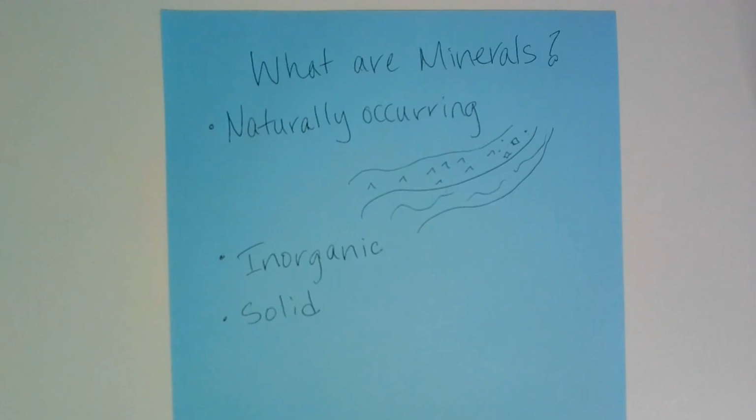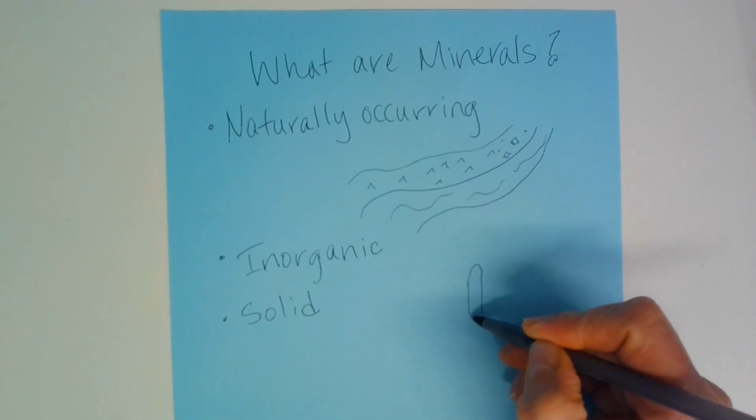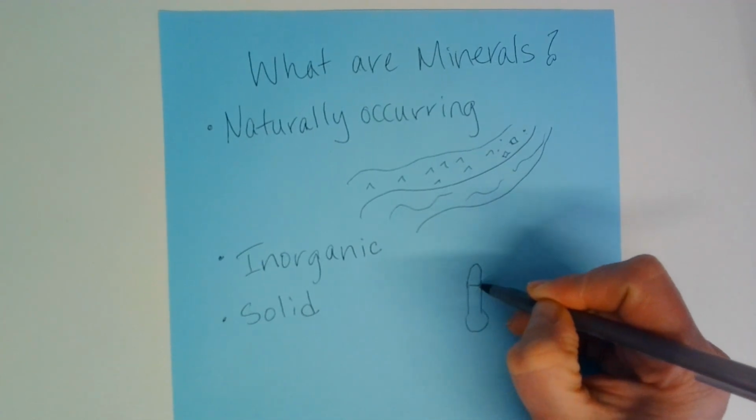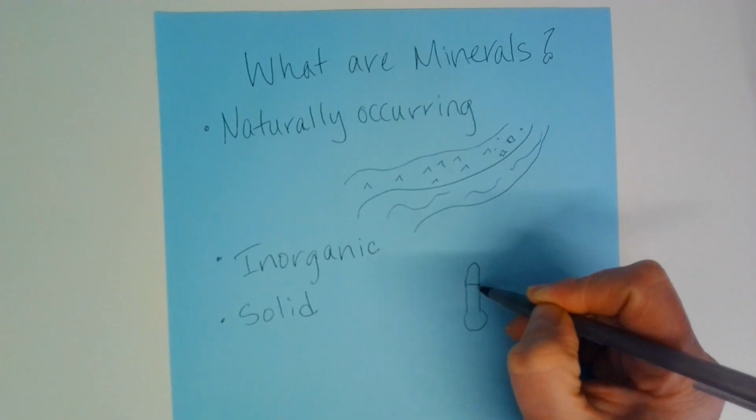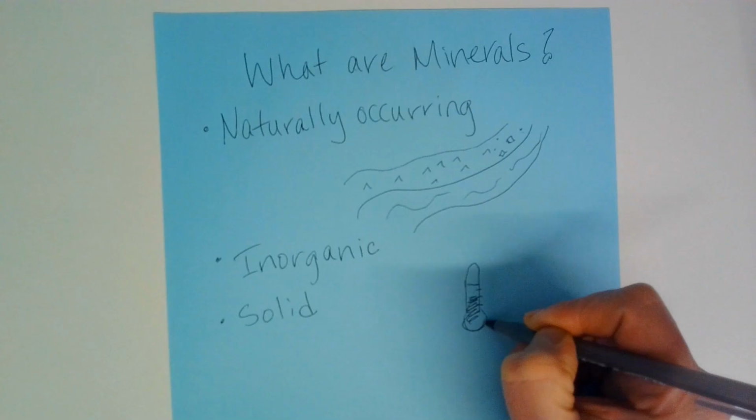So examples of things that would not be solid would be, I'm just going to draw a picture of this. So mercury is a metal, but it is in a thermometer.